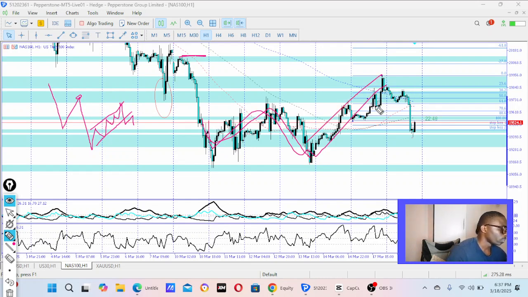So price is continuing with its downward movement. This is a high here, this a high. This broke structure here, but price dropped after making this higher low here. Price broke this higher low to make a low. So what I'm waiting for is for price to make a lower high to continue bearish.